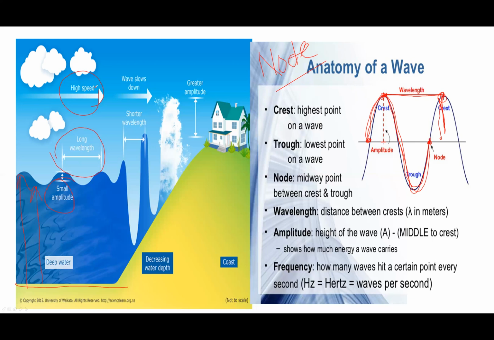So in the middle of the ocean, or the sea, waves will have low amplitude, high wavelength, and high speed because the depth is more. Here, the depth is reduced. So amplitude increases, wavelength decreases, waves get slower, and speed decreases. So if there is more destruction at the coastal areas, it is because of larger amplitude.